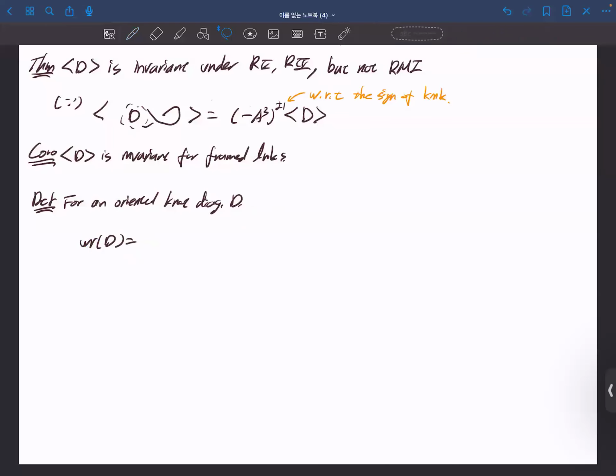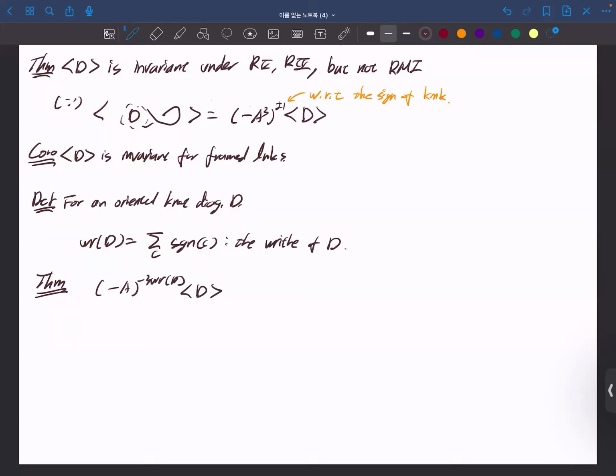For a knot diagram D, the writhe of D is the summation of crossing signs of all crossings of D. And if we multiply the bracket of D by minus a to the minus 3 writhe D, then this is invariant under Reidemeister moves.